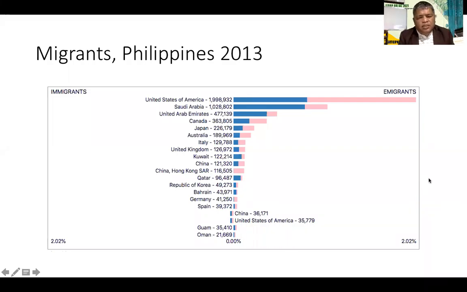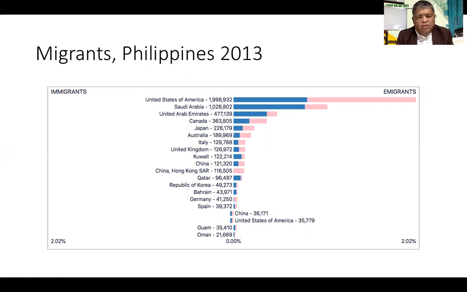Okay, let's continue. So this is the table that shows the migrants in the Philippines by the year 2013. You can see the difference between the immigrants, or those who went to the United States, versus those who came from other countries to the Philippines.